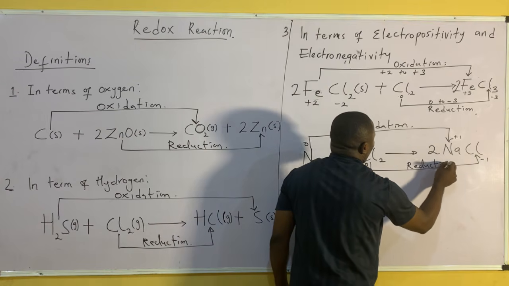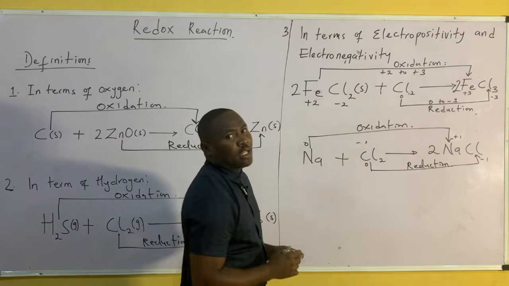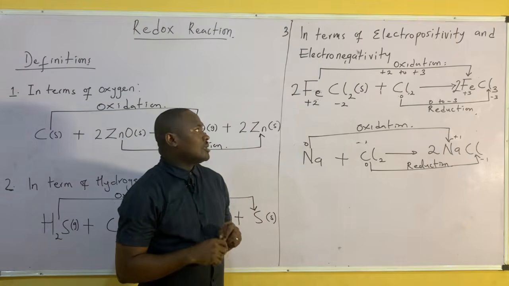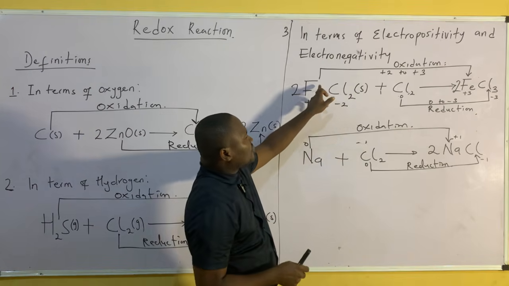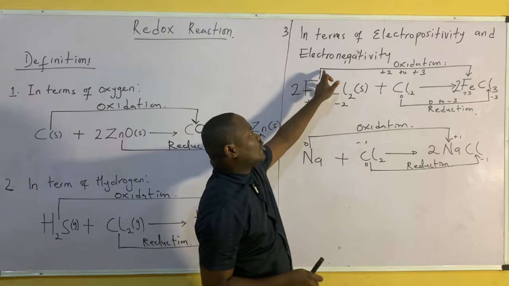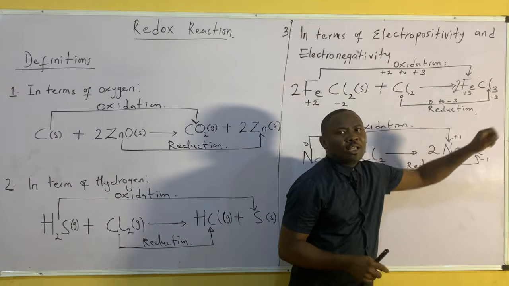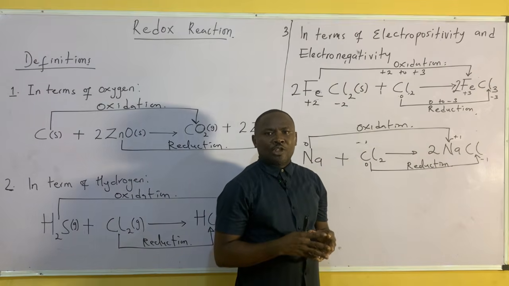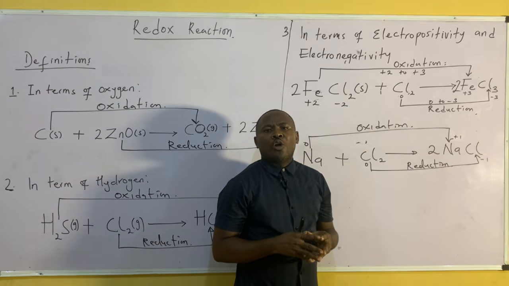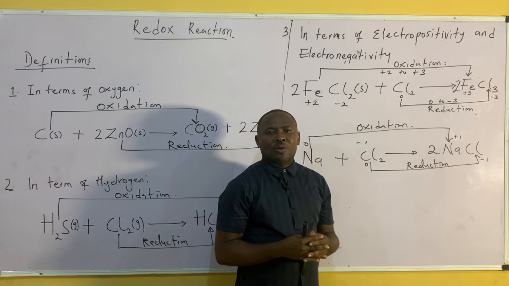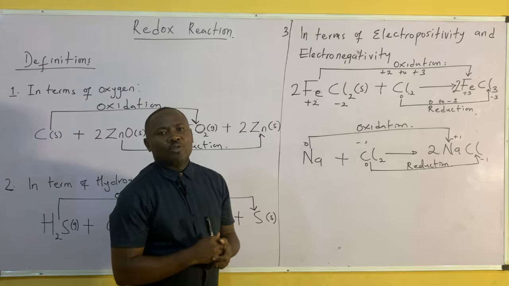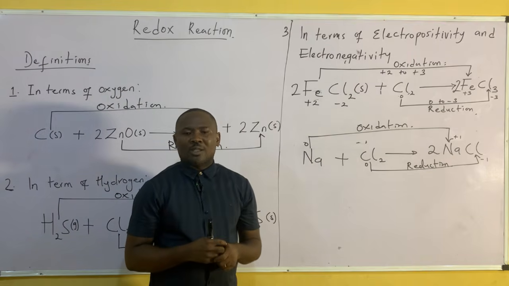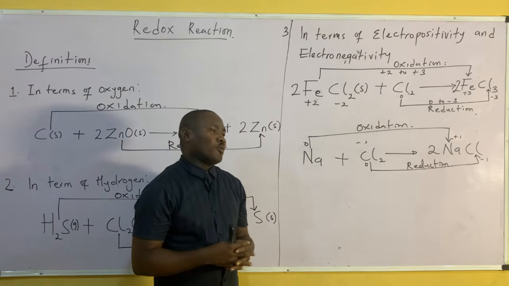So adding of electronegative element or removal of electropositive element defines oxidation. So what is oxidation? Oxidation is the addition of electronegative element to a substance. What is reduction? The removal of electronegative element from a substance. That is oxidation and reduction.